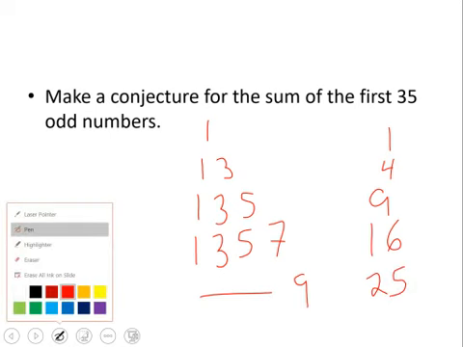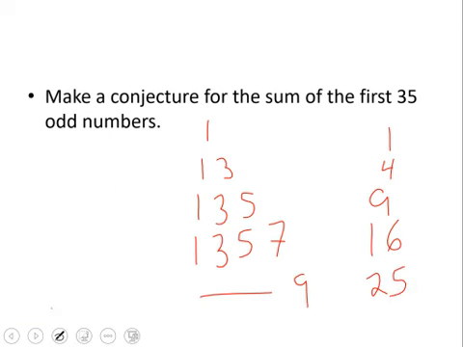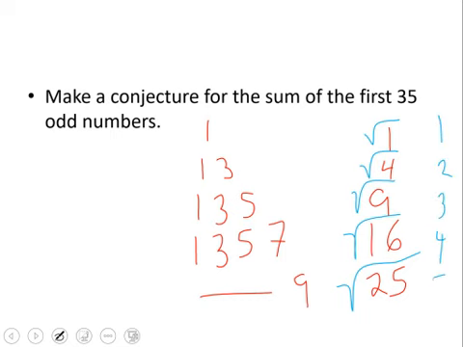Now, is there anything special about these numbers? 1, 4, 9, 16, 25. Every single one of these is called a perfect square. A perfect square means you can take the square root of it and you get a whole number: 1, 2, 3, 4, 5.